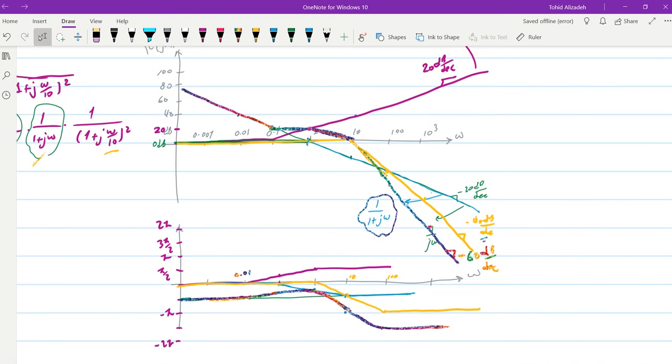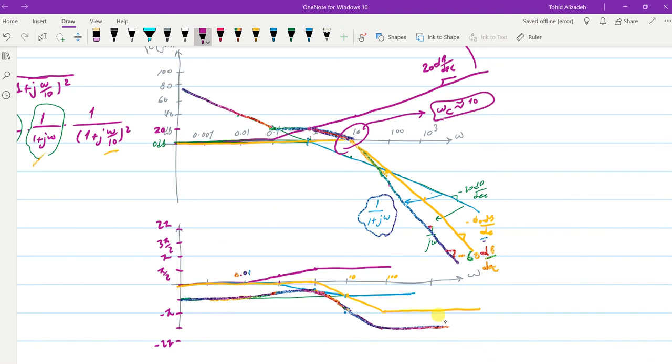However, if you look here, you can see that the crossover frequency will be somewhere around 10. We already discussed that the crossover frequency will be around here, because there we have the amplitude plot crossing the 0 dB. So omega c will be around 10. We will get the exact value.